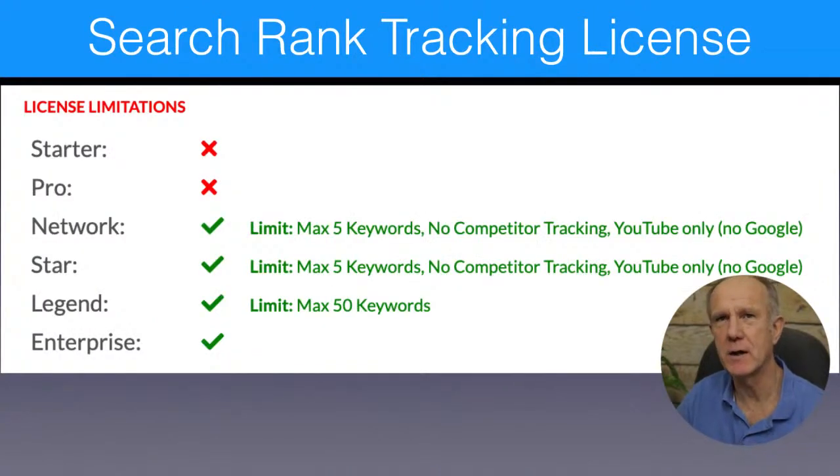So the rank tracking license, if you have the star version, you can track five keywords, no competitor ranking, YouTube only. And the legend option gives you 50 keywords where you can track your keywords in YouTube and in Google. So 50 keywords is pretty handy.